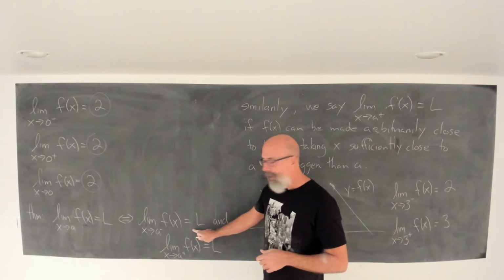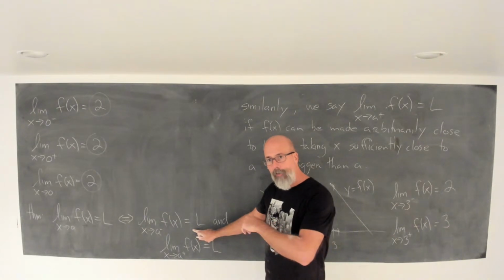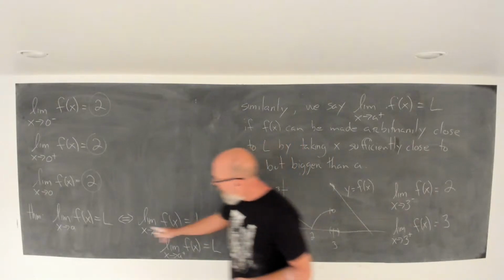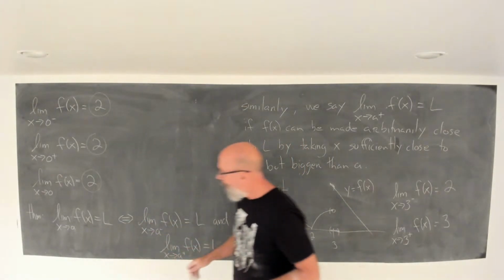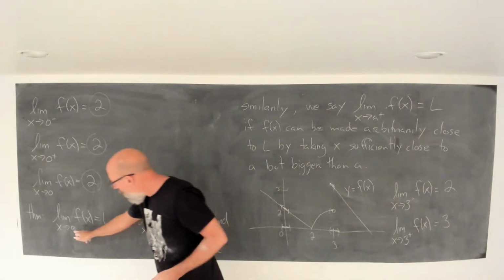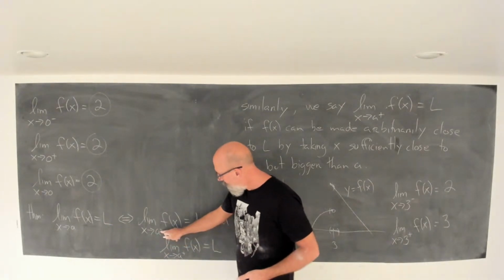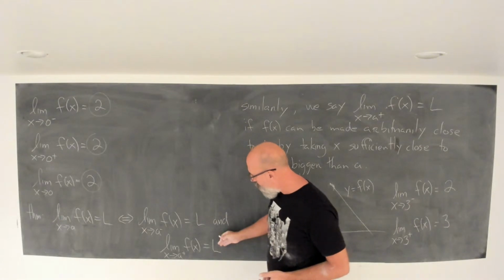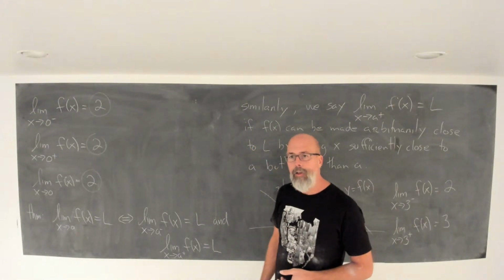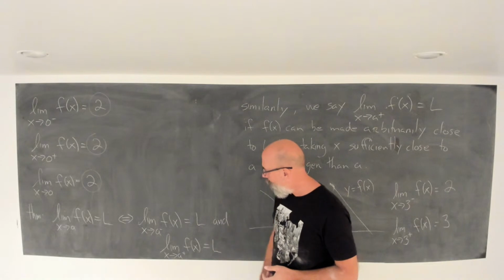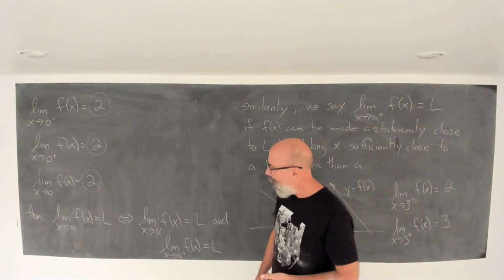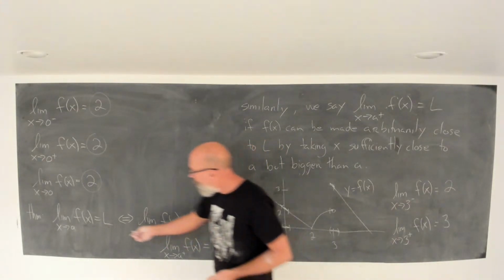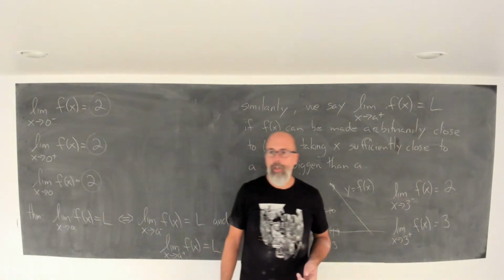Conversely, if the limit from the left is L and the limit from the right is L, then if you take any number close to A, it's either going to be less than A or bigger than A. But this is the behavior for values less, and this is the behavior for values larger than A. So if both of these exist and are L, the limit itself will exist.